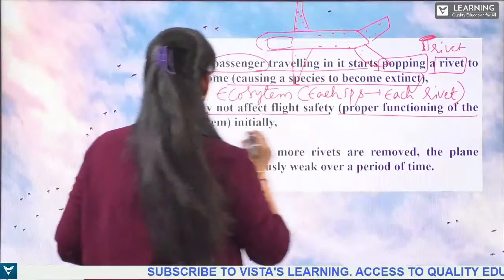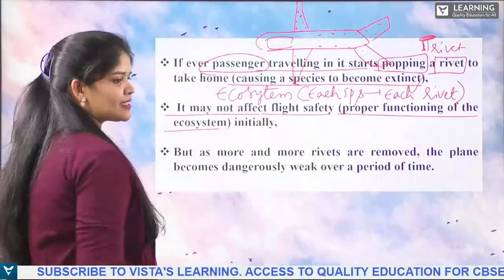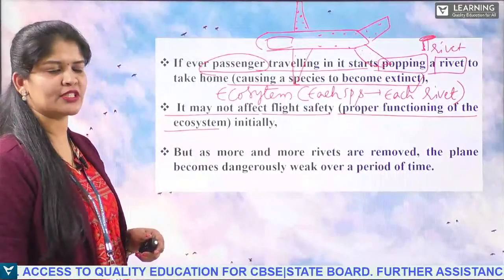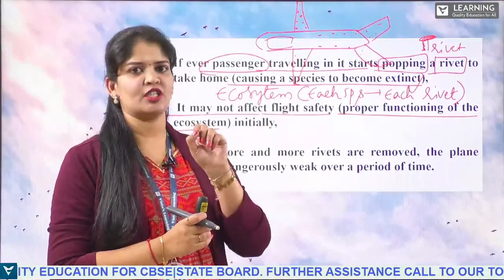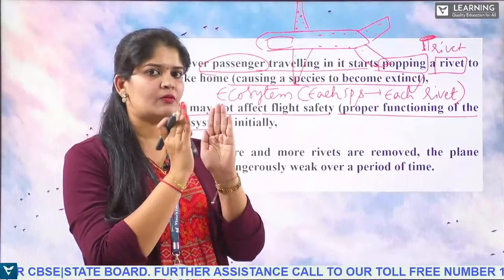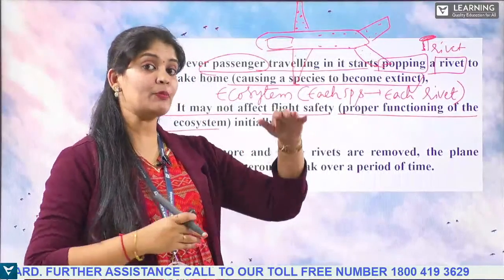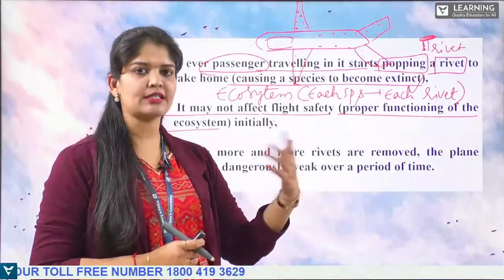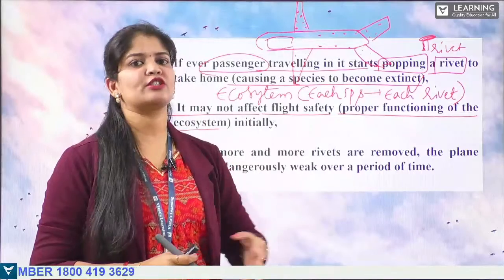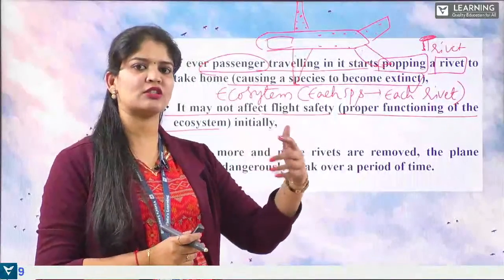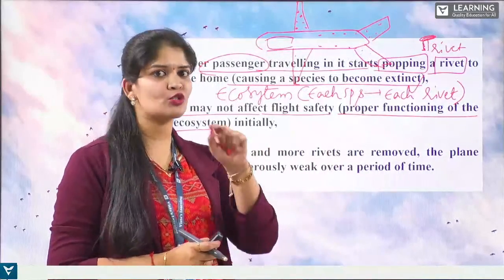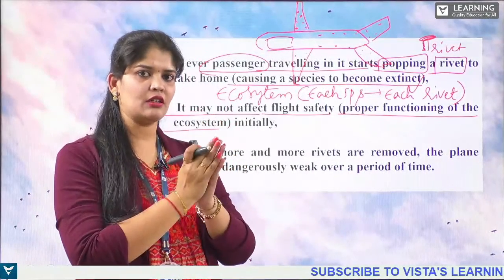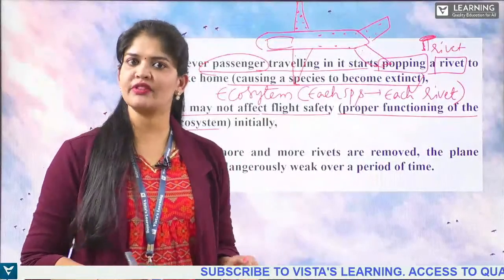Flight safety is what we compare with the proper functioning of the ecosystem. If we remove one species, it is not going to affect the functioning of the ecosystem much. But if we keep on removing species, with a continuous loss of species, it is going to show a great effect on the functionality of the ecosystem.